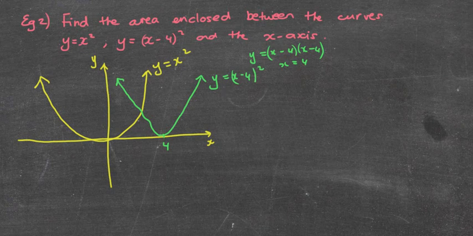So it says the area between the curve y equals x squared, y equals x minus 4 all squared, and the x-axis. So what that means is we're looking for the area underneath these two curves. Okay, so how do we do this? Because this is slightly different. Well, I guess what we can do is find the area between this point and this point here for y equals x squared, okay, we can do that. That's something that we have done previously, as long as I know what this coordinate is, of course. We're not on 0.